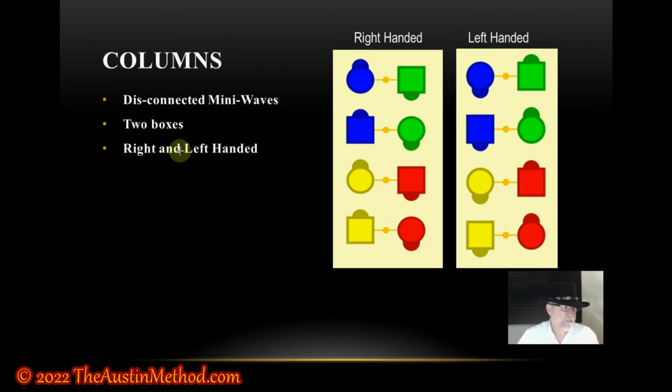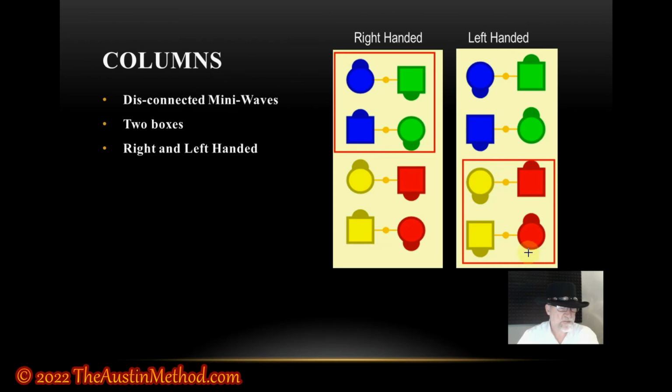Columns. Columns are disconnected mini waves. So you can see the mini waves. These are right-handed mini waves. These are left-handed mini waves. But they're also constructed of two boxes. Now remember, boxes are disconnected mini waves.